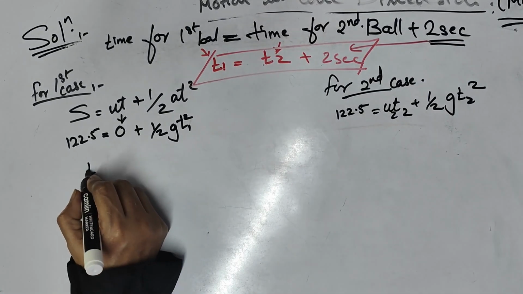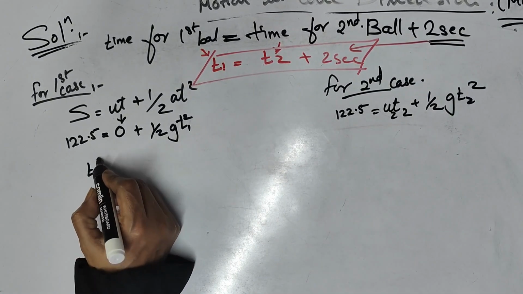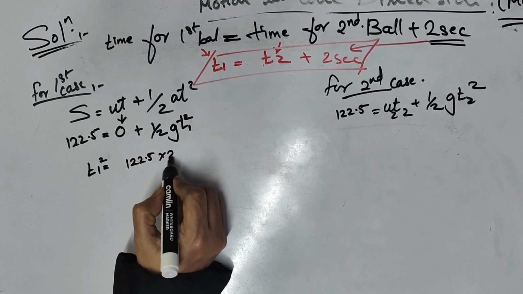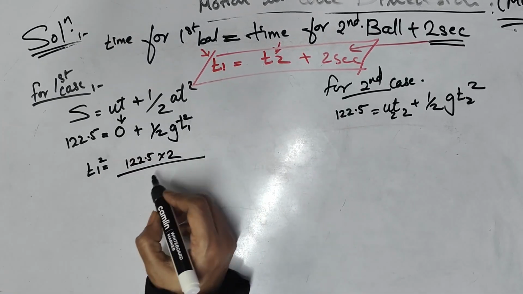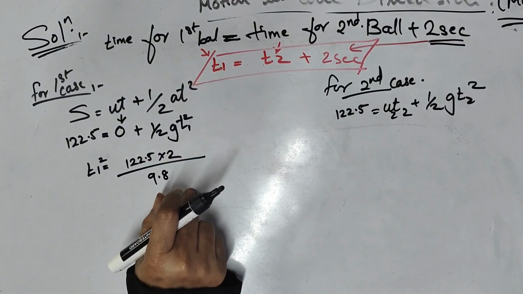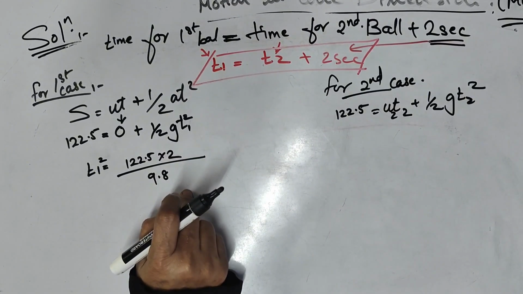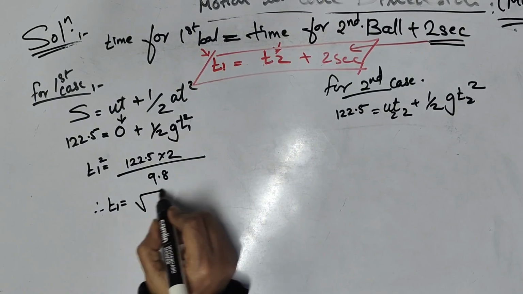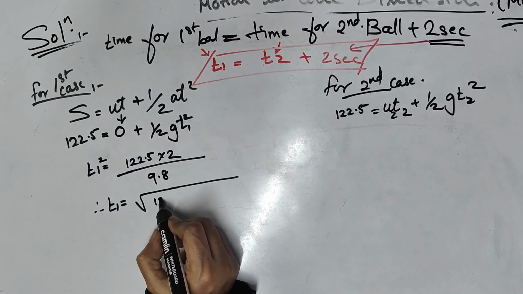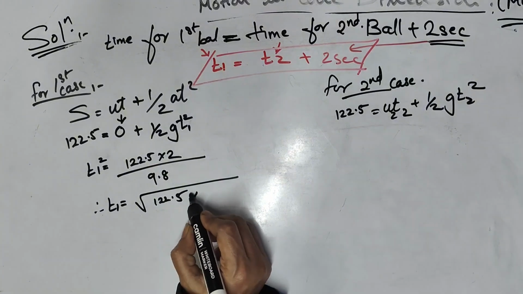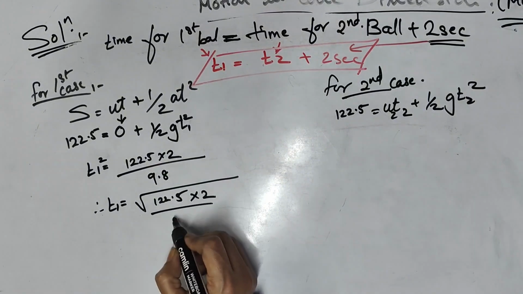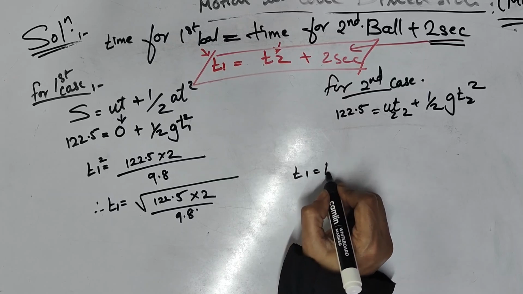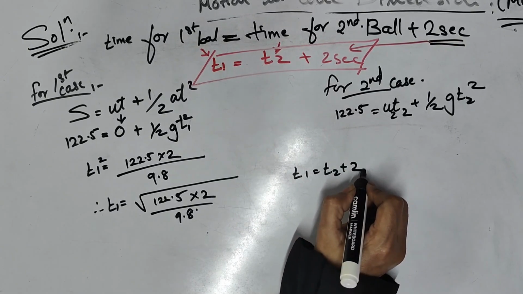So here t1 square is equal to 122.5 into 2 the whole upon 9.8. Therefore t1 is equal to under root 122.5 into 2 the whole upon 9.8, because t1 is equal to t2 plus 2.